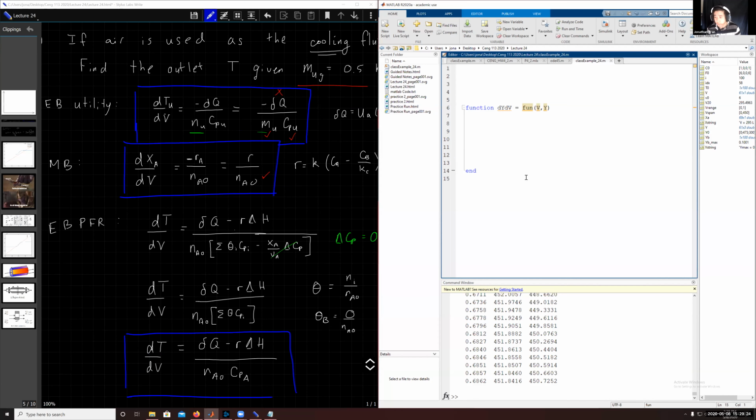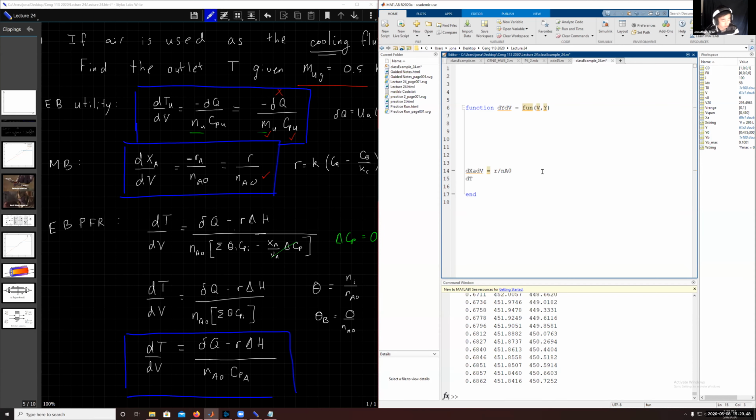There, hopefully that works out a little bit better. We're going to write our code starting with the material balances and energy balances that we have. So we can start by saying dX/dV is equal to r divided by Na naught.